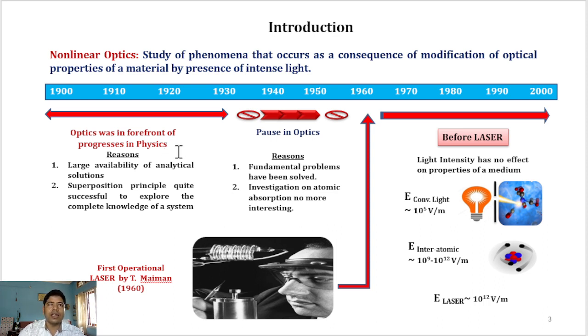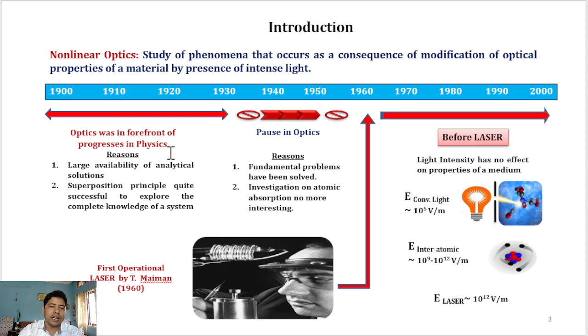We encountered these things at each step of our lifestyle. So we know about reflection and refraction, and we use them to a great extent. Because of that, we can say that optics was at the forefront of progress in physics.